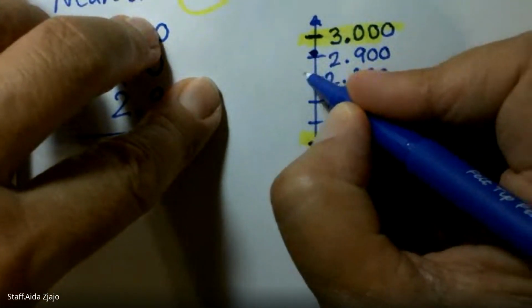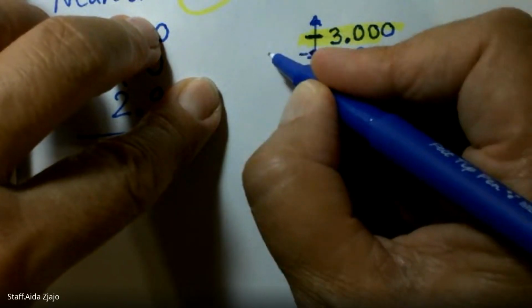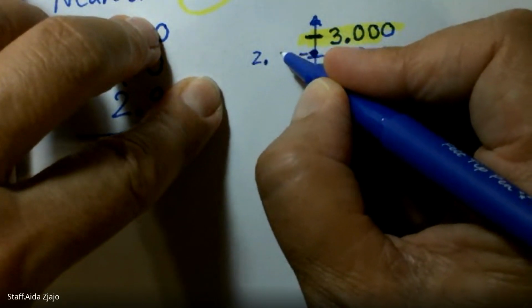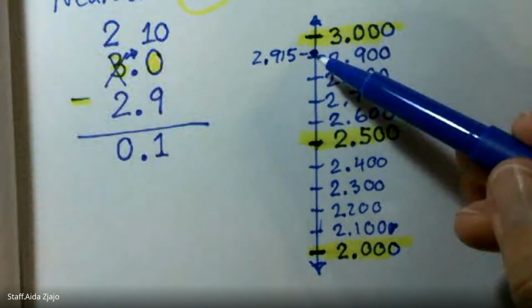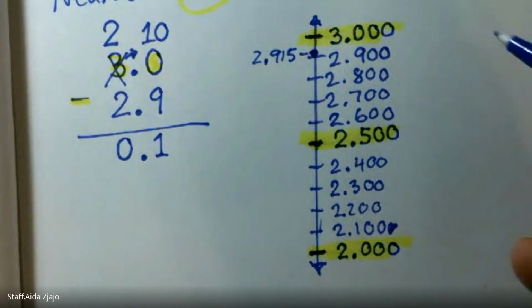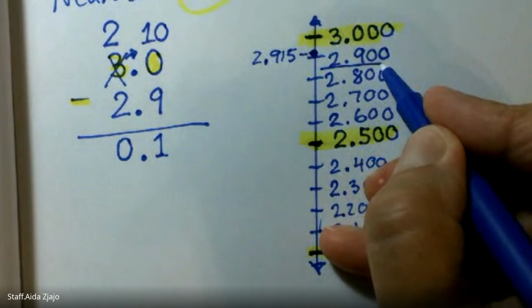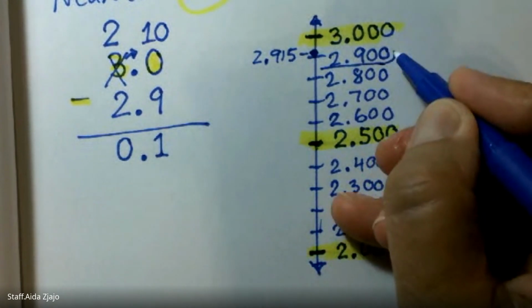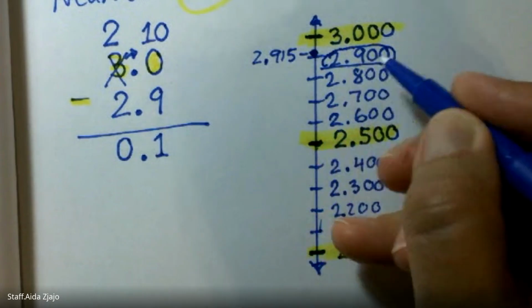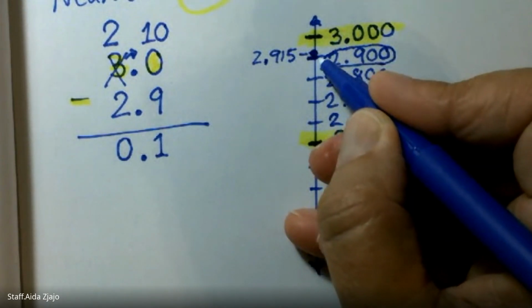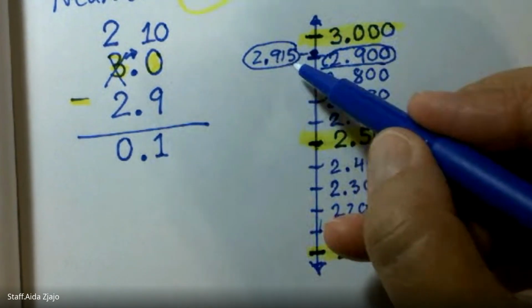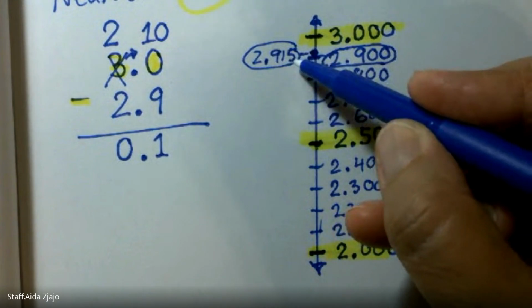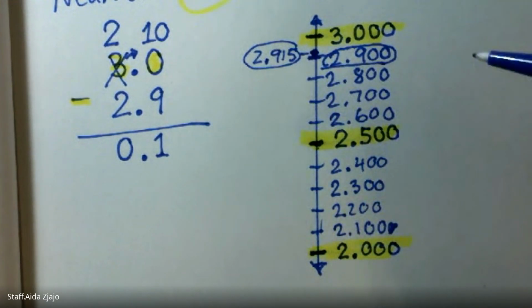This here is 2.915. When we round it, the closest is 2.900, because this is closest to the number that we have, 2 and 915.